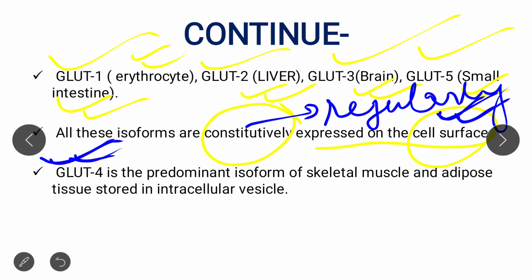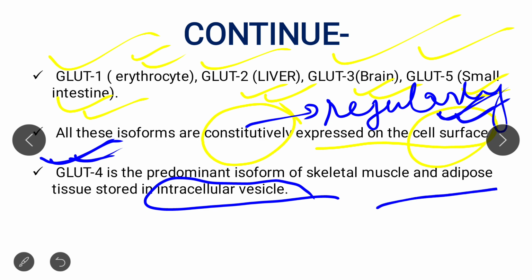It is present in intracellular vesicles, and it is found in skeletal muscle and adipose tissue. Clear?